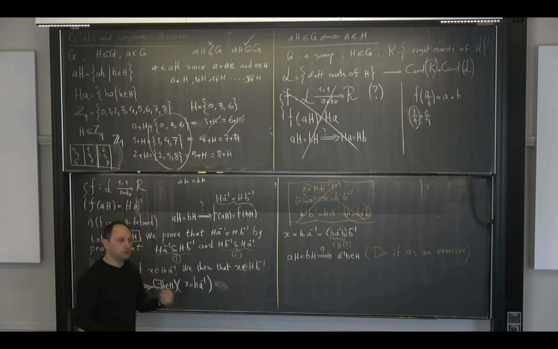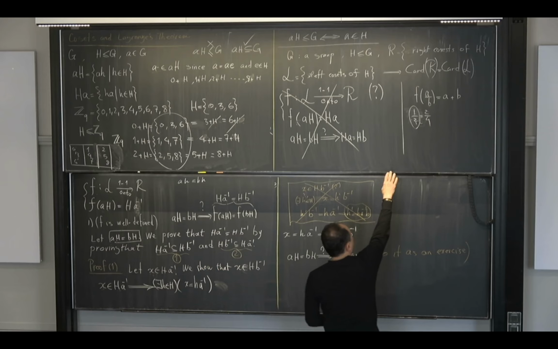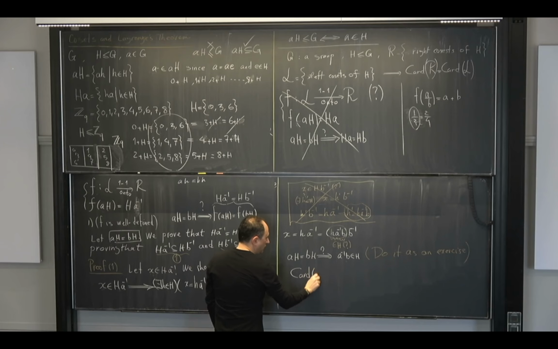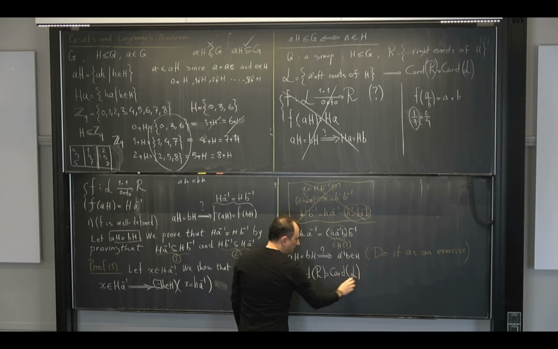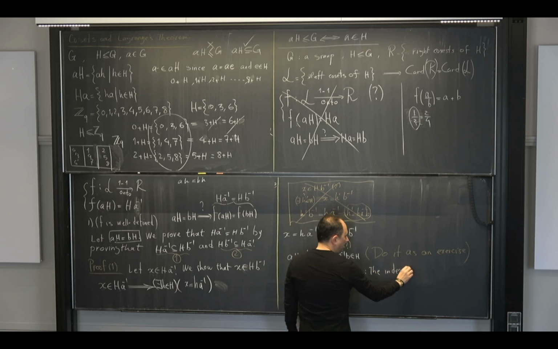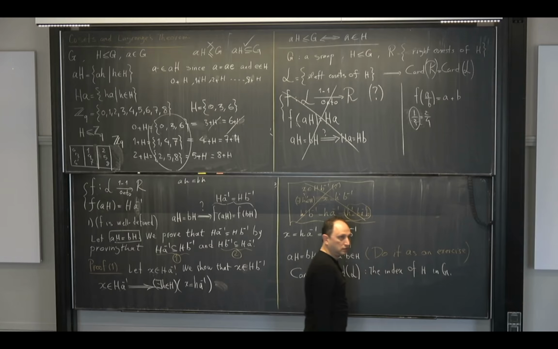And there is a name for this cardinality. That is called the index of the subset. So the cardinality, let me write it here. The cardinality of R is equal to the cardinality of L, and the name of this common number is called the index of H, the subgroup in G. And there is a symbol for it.